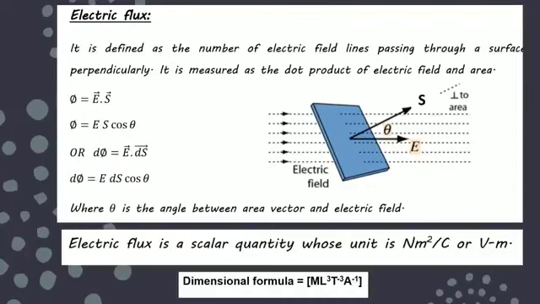If I keep this surface at some angle, my area vector will always be in the perpendicular outward direction. So this gives me the direction of the area vector. This s cap is to be written, and if I talk about the magnitude and direction both, then I will write it as s vector.